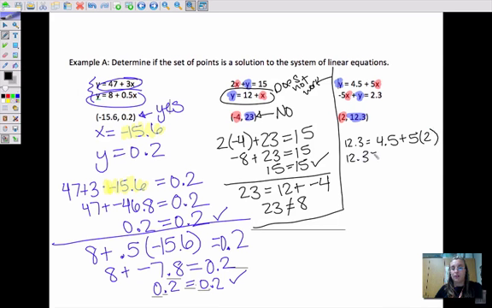Solve that one out here. 5 times 2 is 10. And that already does not work. It's not equal. So I would say no, this is not a solution to that system. Even if the second one does work, I'm not even going to check because I know that the first equation does not work. So no, it's not a solution to that system.